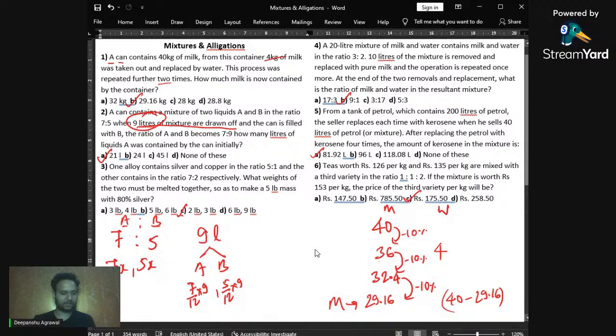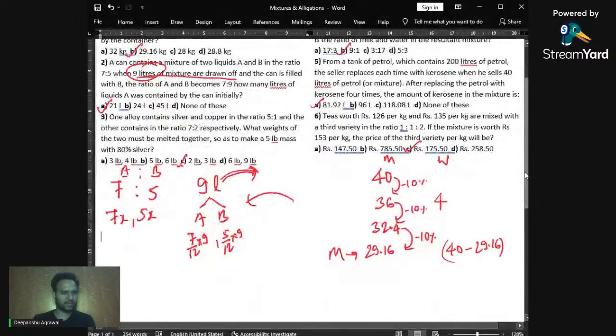So if 9 liters has gone out, and it is refilled with B, correct? This is what they have done. They have refilled the can with B.